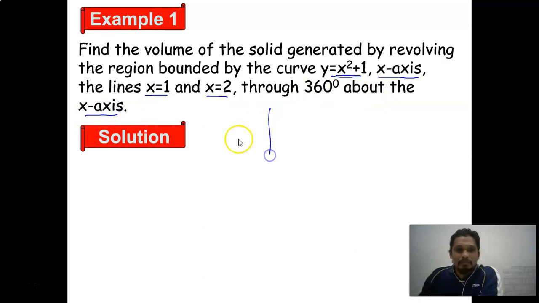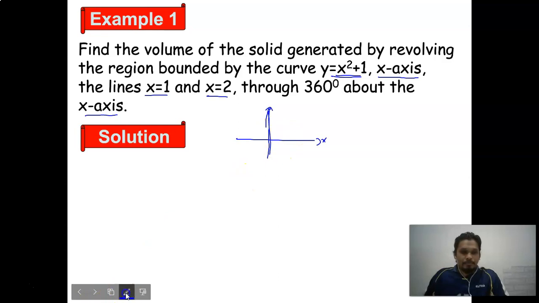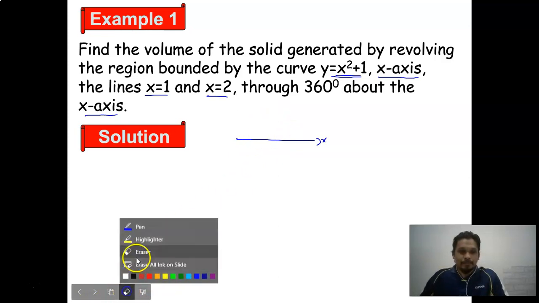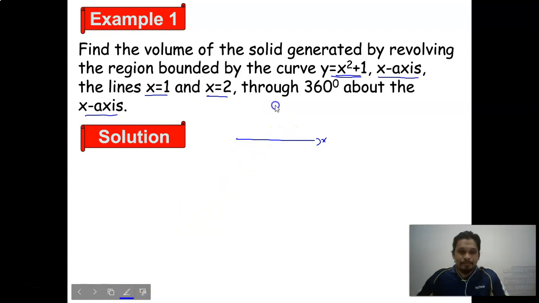Here is the y-axis, and y equal to x squared plus 1, a curve something like this.